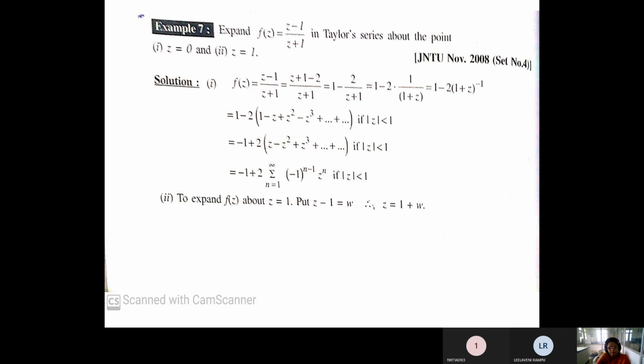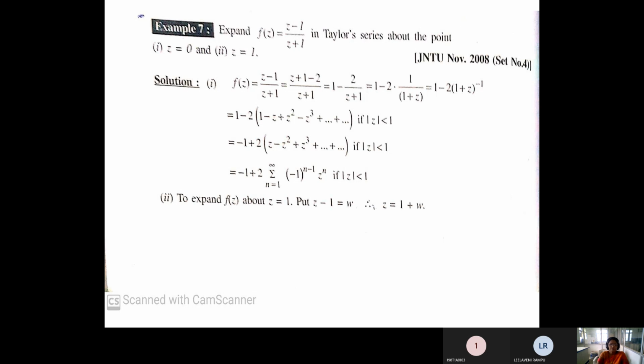So that is equal to 1 minus 2 times that, which is minus 1 plus 2z minus 2z square plus 2z cube, and so on. Taking 2 common out, minus 1 plus 2 into z minus z square plus z cube and so on. In sigma notation this can be written as sigma n equal to 1 to infinity z power n into minus 1 whole power n minus 1, if mod z less than 1.